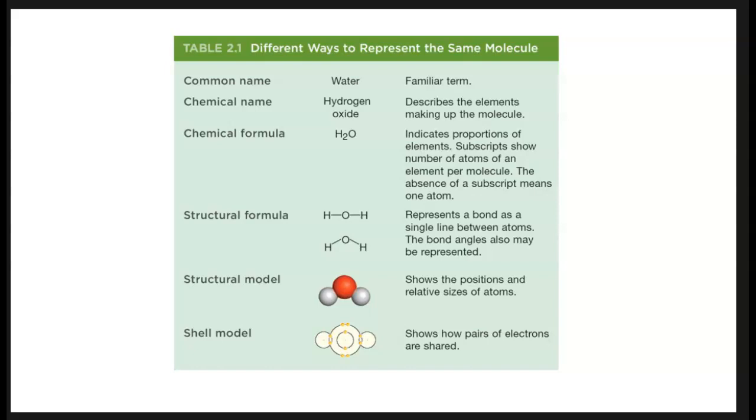And structural formulas show those atoms as they're connected with bonds. And here we're representing some covalent bonds as solid lines between those hydrogen and oxygen atoms. We can also use structural models that indicate the relative size and shape of different atoms, like shown here in the middle. And also, we have different models for how atoms work and interact with each other.